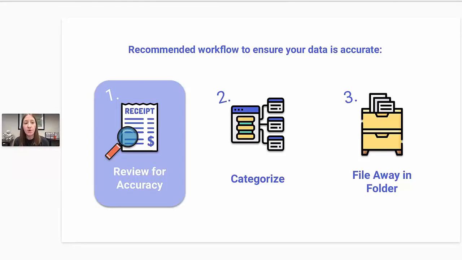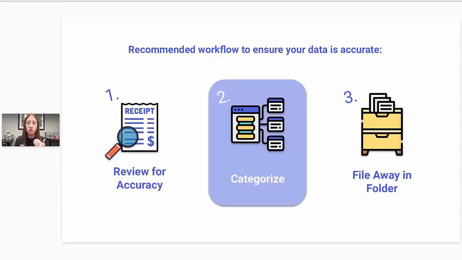Now, Neat does help you out with this step by extracting key information from your files with our OCR technology. In step 2, you need to make sure that each one of your file's category fields is filled in with the category that best represents the type of file or expense it is. And every one of you can categorize your expenses in your own unique way for your own unique needs.